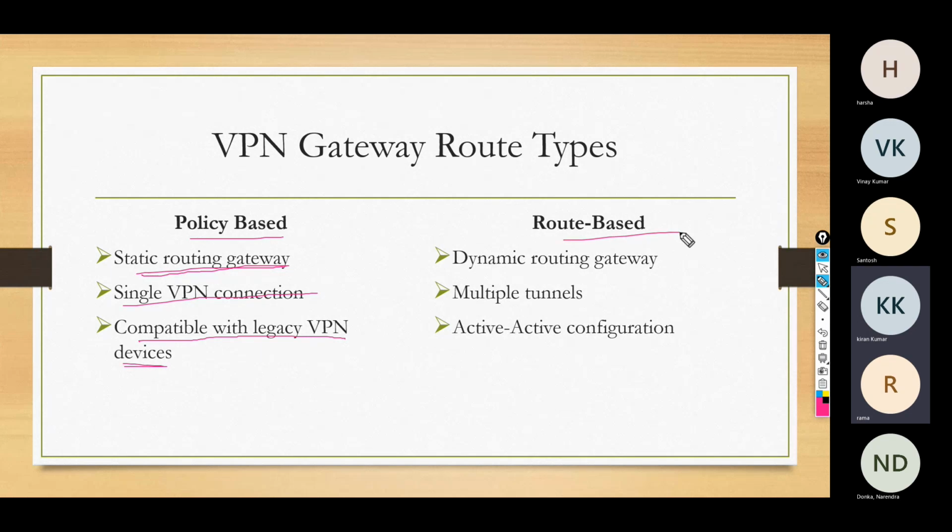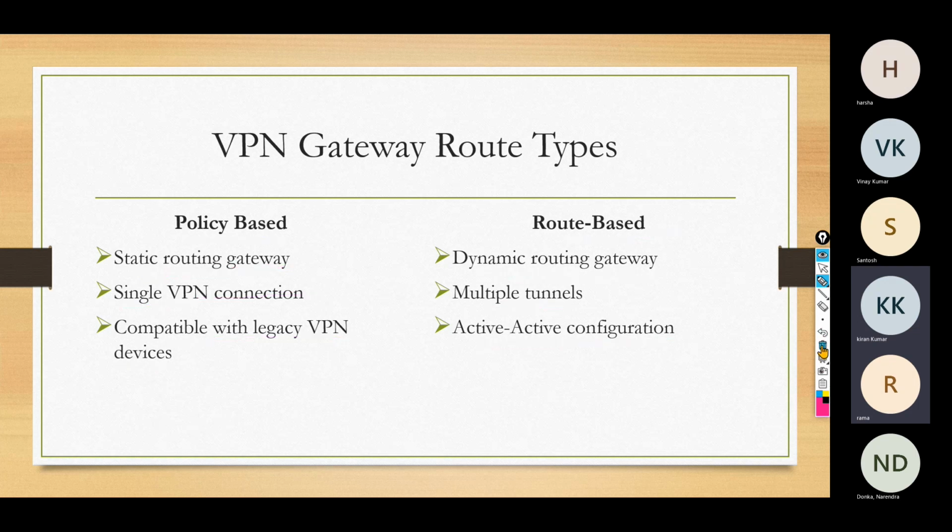But route based means dynamic routing and multiple tunnels, and active configuration is also supported. I will explain what active is, but multiple tunnels and dynamic routing gateways and everything are supported in route based.